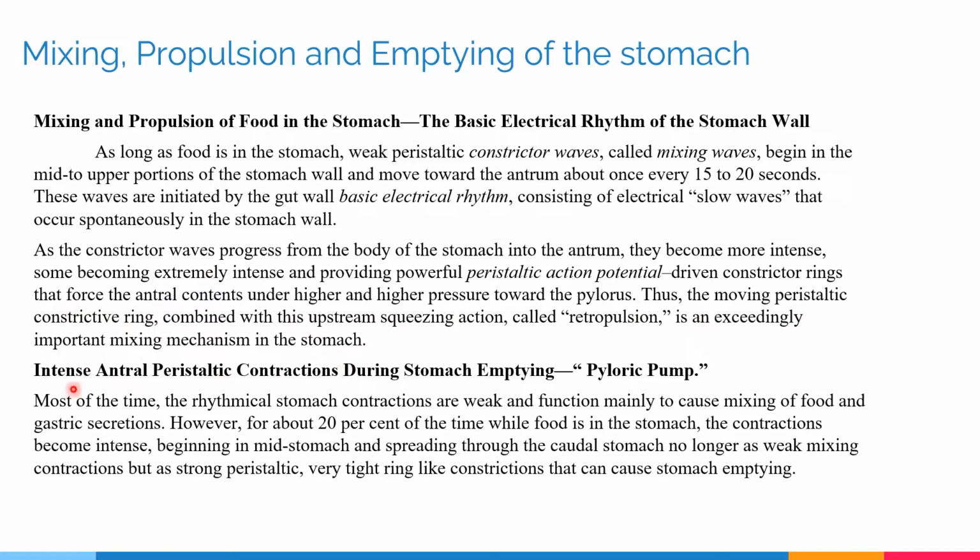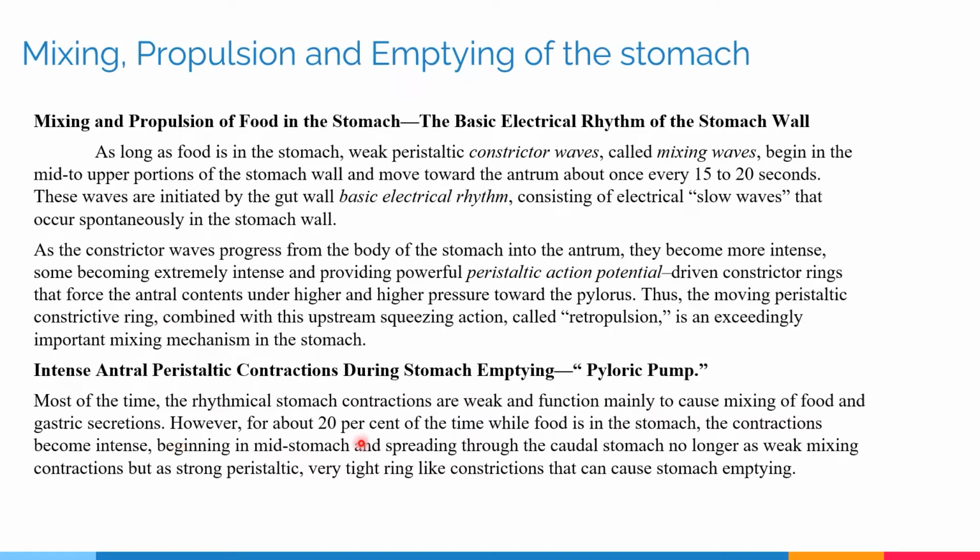Next, we look into the intense antral peristaltic contractions during stomach emptying, which is known as the pyloric pump. Most of the time, the rhythmical contractions of the stomach are weak and function mainly to cause mixing of food and gastric secretions.